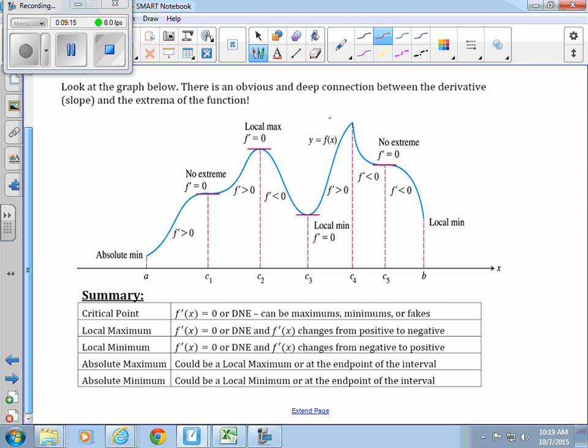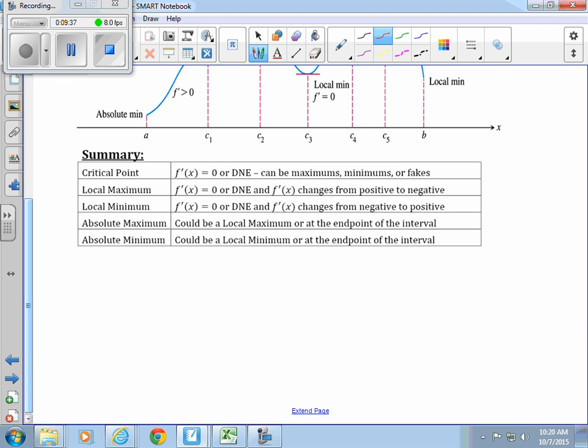The absolute maximum could be at a critical point, at a local maximum, but it could also be at an endpoint, and we'll talk about that on another day. An absolute minimum could be at a local minimum, or it could be at an endpoint. So that's what we're going to be using over the next few days.